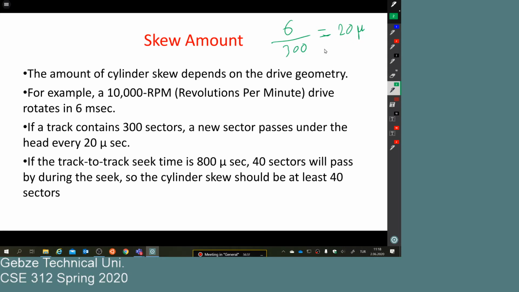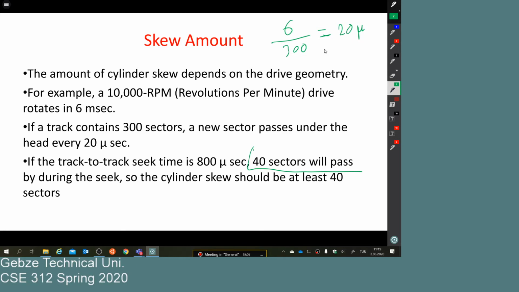20 microseconds. So every sector needs that much. If the track-to-track arm speed is 800 microseconds, then that means that 40 sectors will pass under my read-write head when I move my read-write head from one track to the other track. That will be 40 sectors.